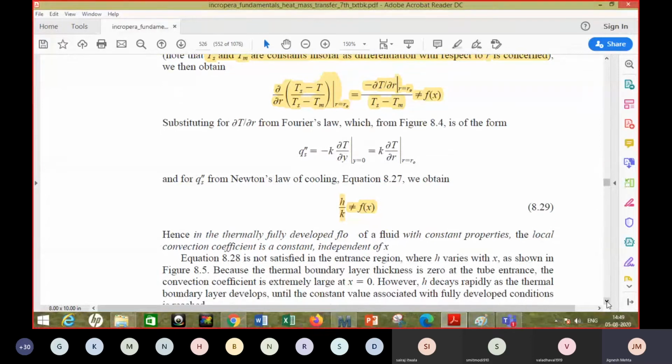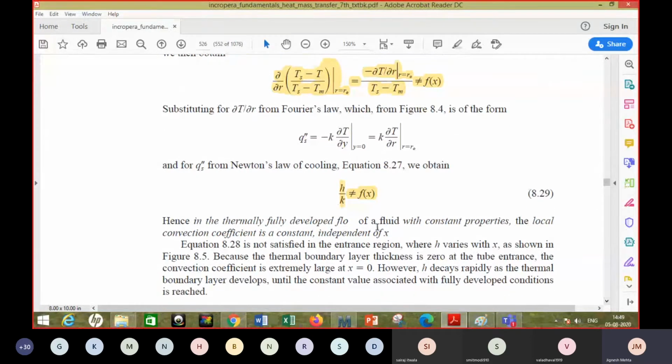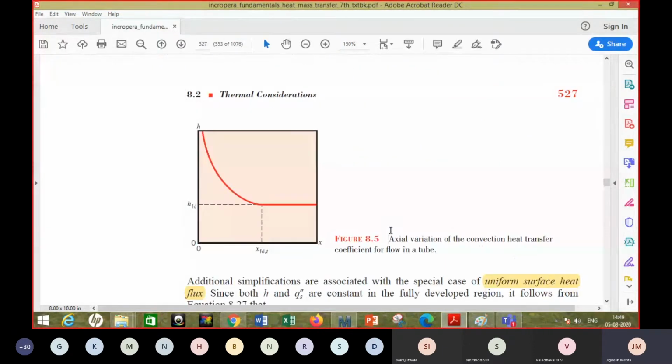When the fluid properties are constant, k, the thermal conductivity of the fluid, is also a constant. So that would mean that h is not a function of x when the flow becomes thermally fully developed.